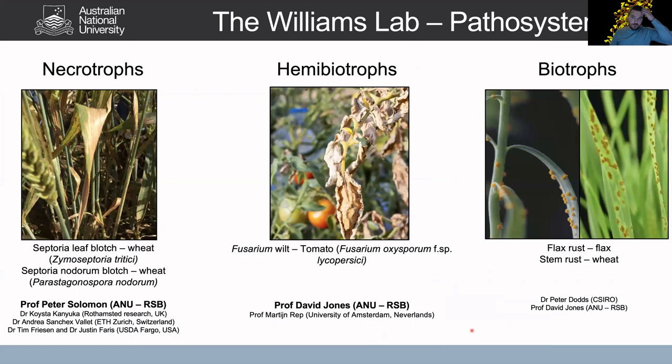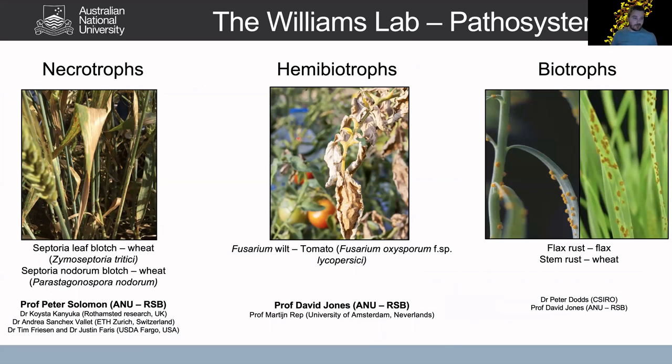Because of the techniques we use, we can look at a lot of different pathosystems, and these are predominantly the pathosystems that we work with. We can't do this without really strong and important collaborations that I have both in Australia and internationally.